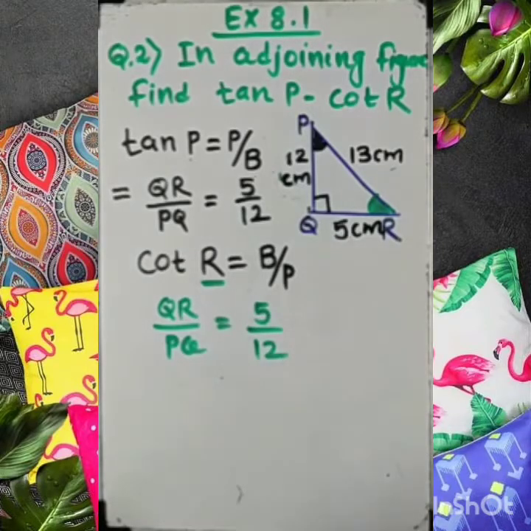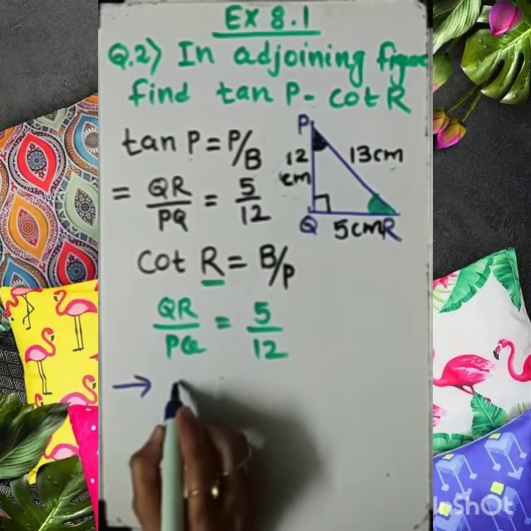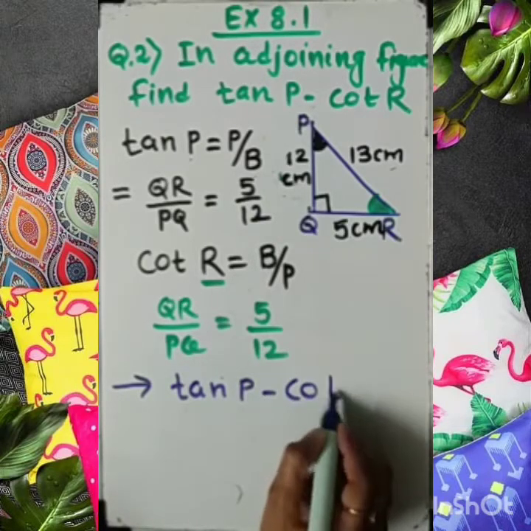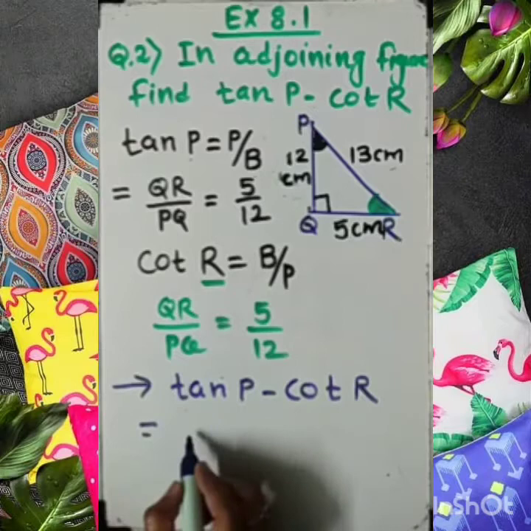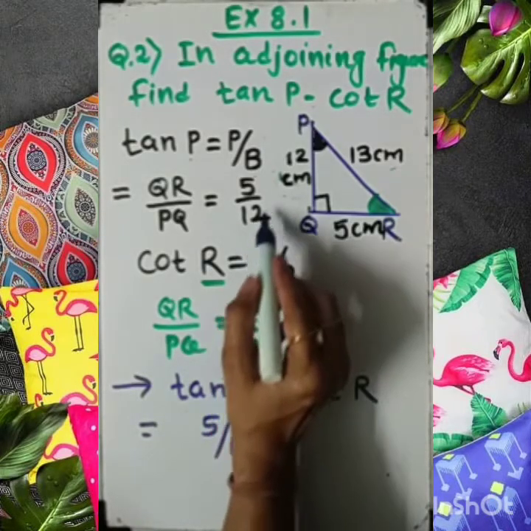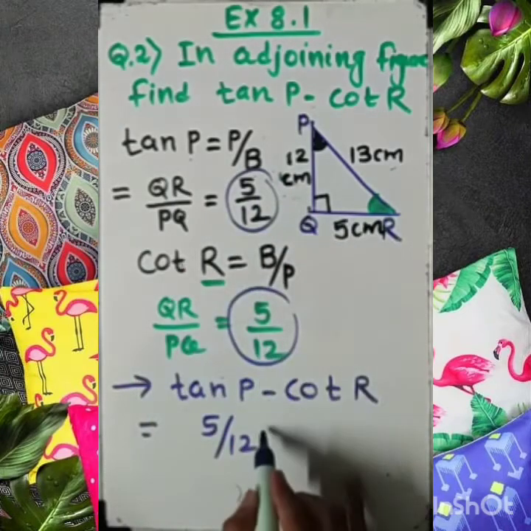Got it? Now what we have to do? We are asked here tan P minus cot R. Whatever we need to find, let me note down. Tan P minus cot R. Tan P equals 5 by 12, already we have found this value, and the value of cot R is also 5 by 12.